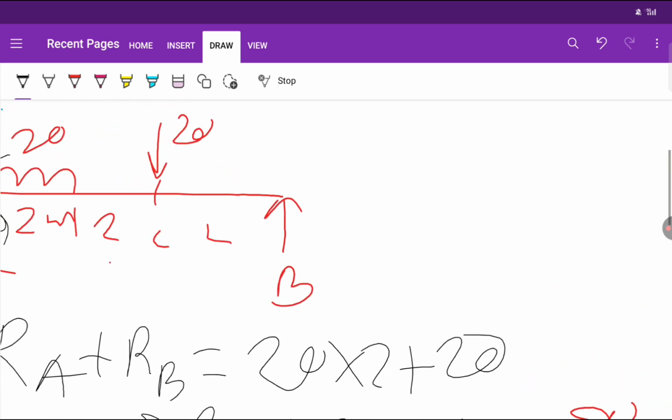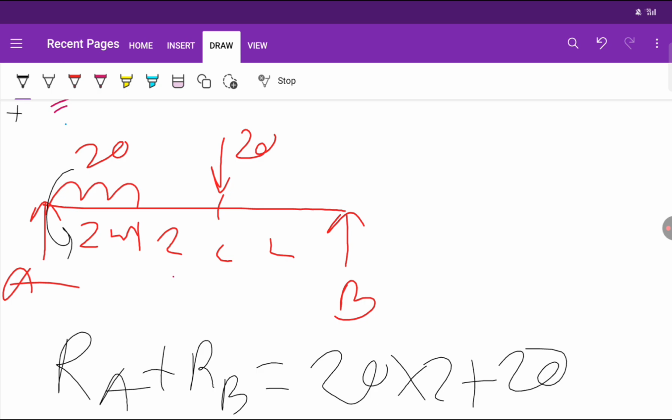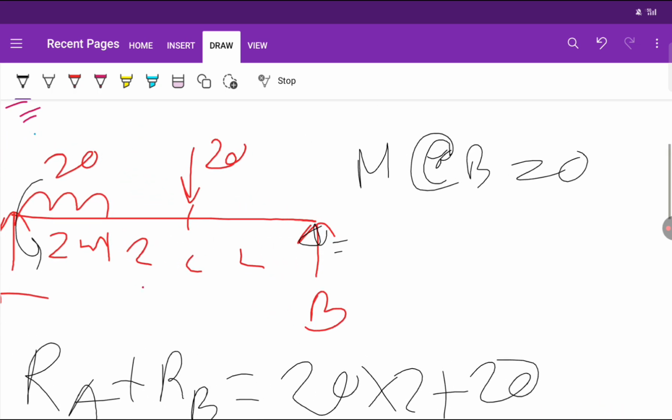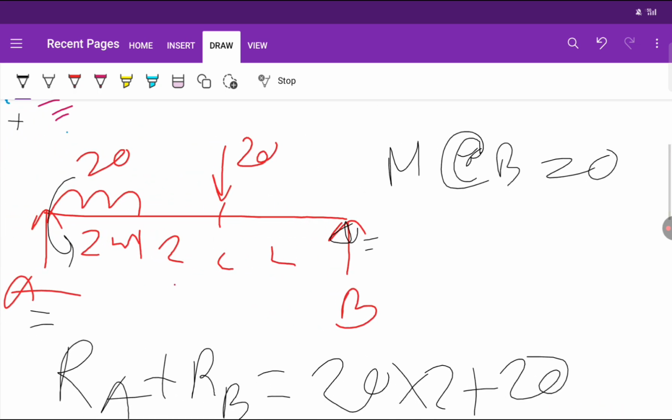Now if I take moments, this is a hinge support, right? In a simply supported beam there is a hinge support. So if I take this hinge support, the moment will be 0. If I take this point, the moment about B will be 0, okay? Then what moment will this give? This will give a clockwise moment, and a sagging moment.